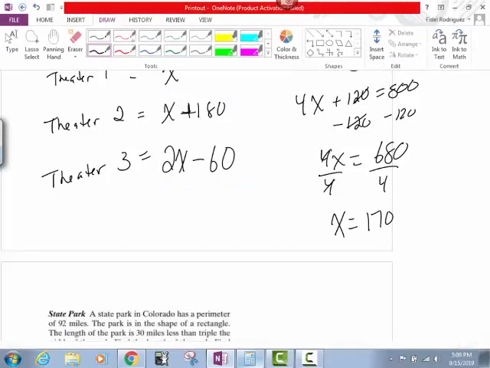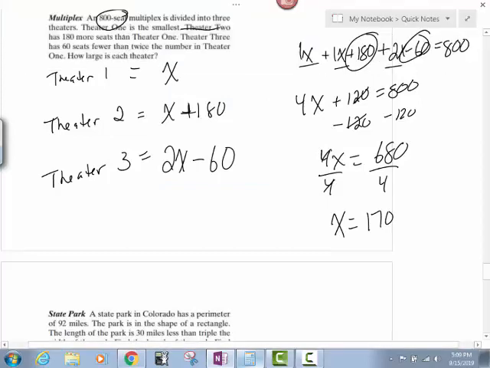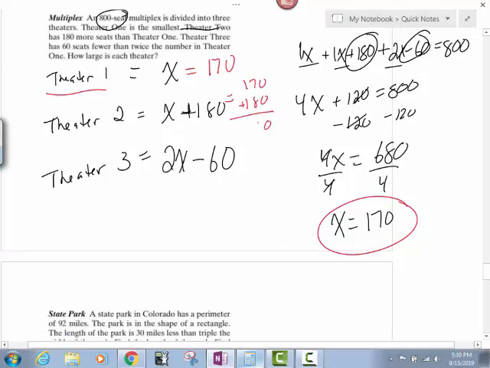Okay, now remember what the question is asking is, how large is each theater? So X, which is Theater 1, is going to have 170 seats. Theater 2 is going to have 170 plus another 180. So 350.